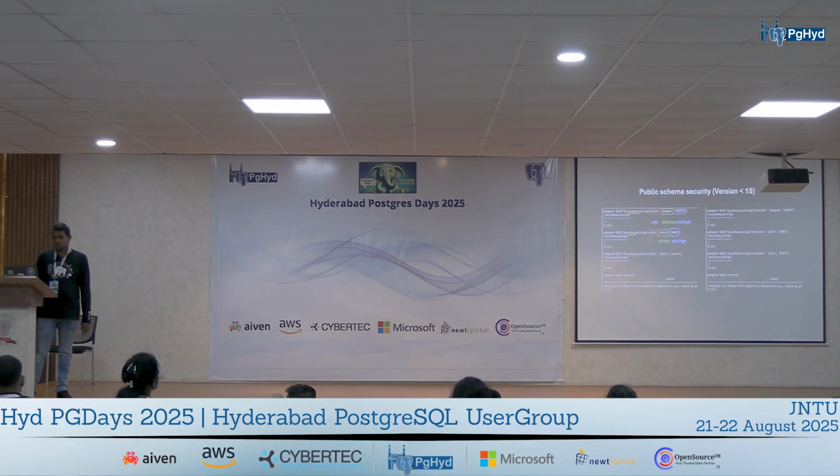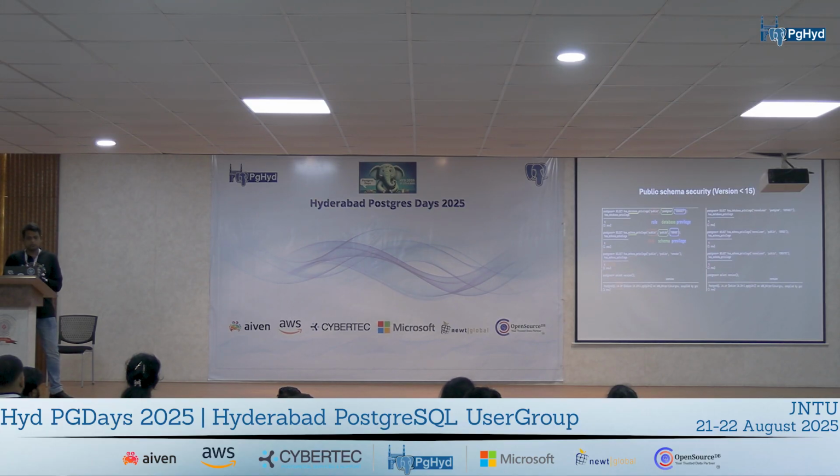In versions less than 15, I am getting true for all these functions. The first function is has_database_privilege, where public is the user. Does my public role have the connect privilege on the Postgres database? It is returning true. Likewise, does the public role have the usage privilege on the public schema? That is also returning true.